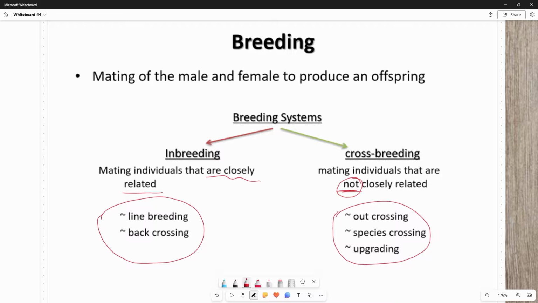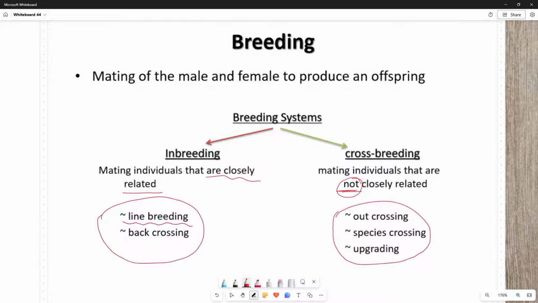Once they are not closely related, we can categorize it as what? As crossbreeding. But now we look in detail; we must pay attention to the finer details. If we are crossing siblings, or organisms that have a common ancestor, the half siblings, or a brother and a sister, so that one now will be your what?